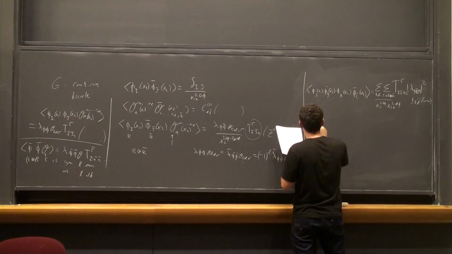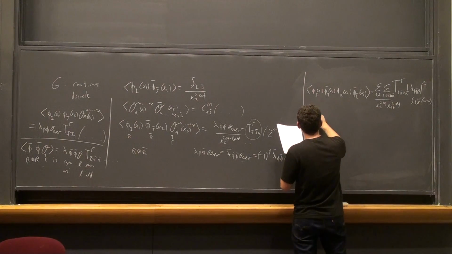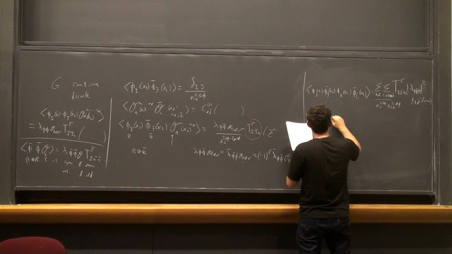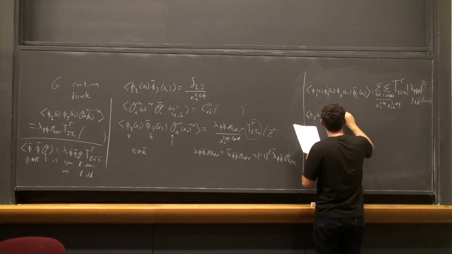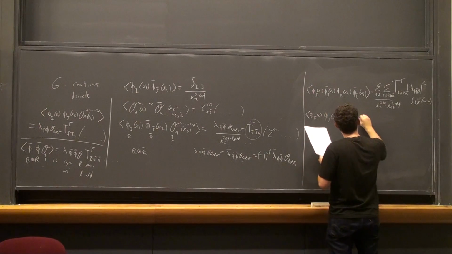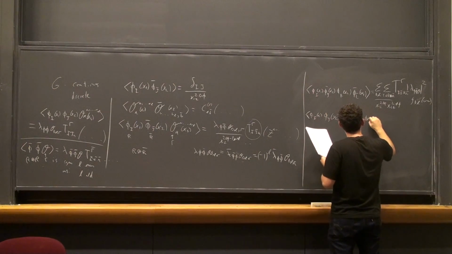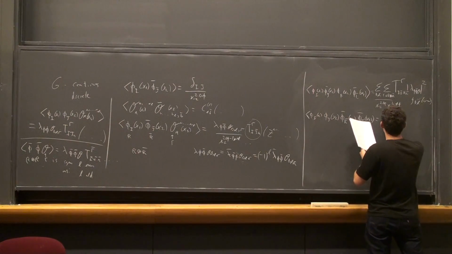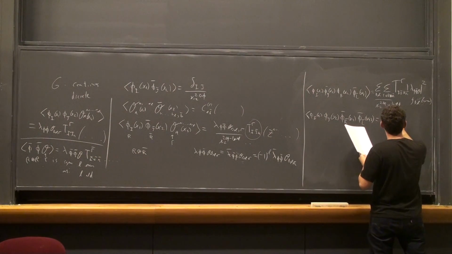Another configuration of this 4-point function, which it's useful to consider, is where we have phi I, and then another phi, instead of having phi bar, just phi here. And then we put the two bar guys here. And so for this guy, again, we sum over delta and spin.